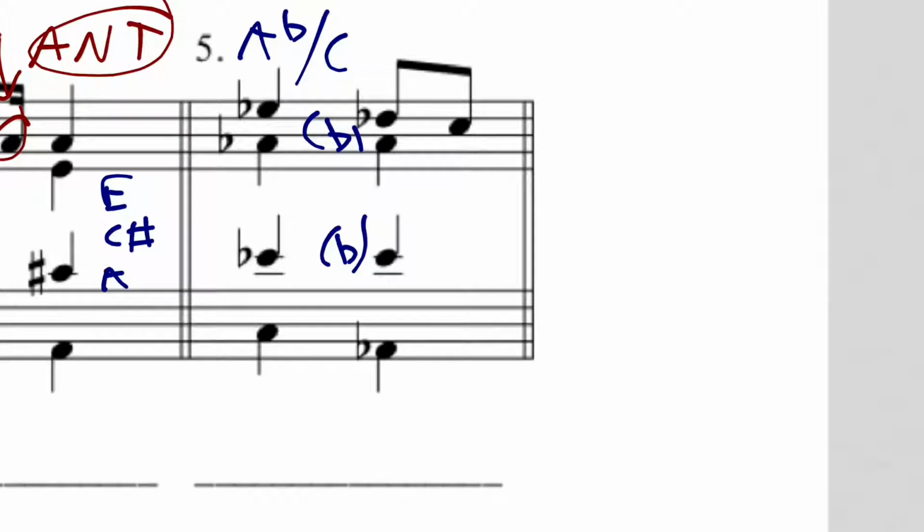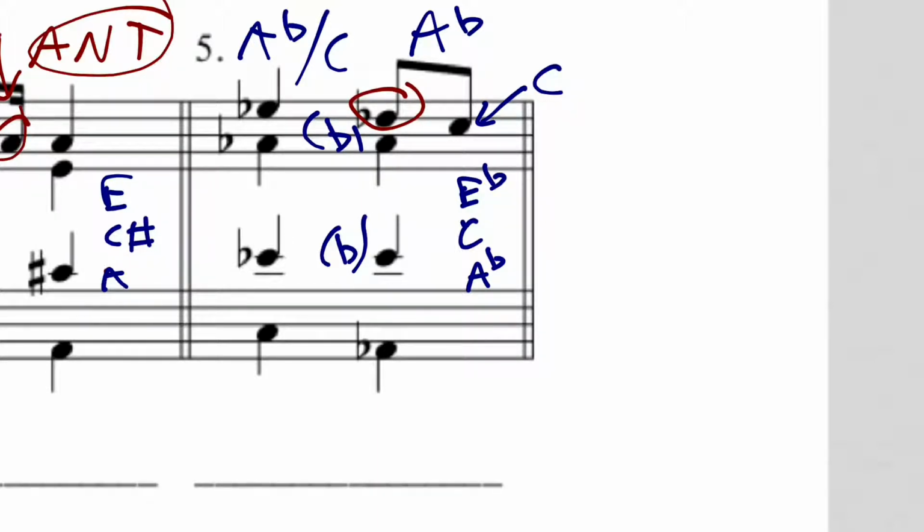If the C was here, then we'd have A flat, C, and E flat. We'd have another A flat chord. So the thing that doesn't make sense then is this D flat. Kind of strange though, because it's right on the start of the chord.